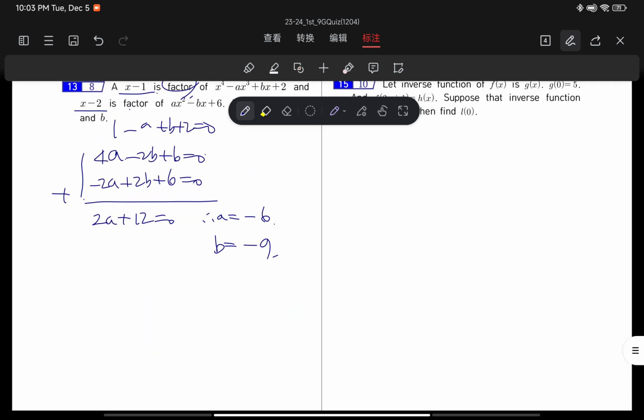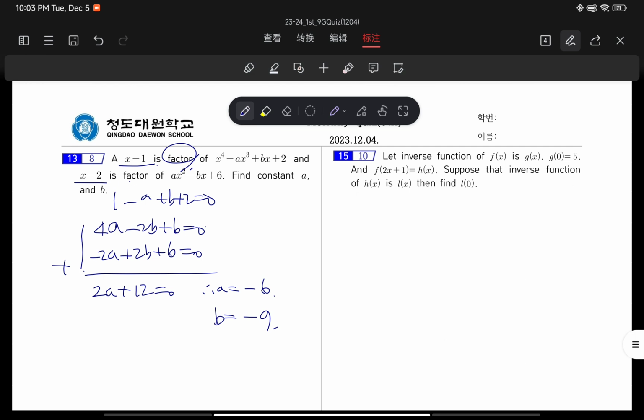Okay, last question. So f inverse x equal to g(x). Okay, so g(0) equal 5 means f(5) equal to 0. So x and y exchange, then that means the inverse function of that function. Okay, inverse of that function.